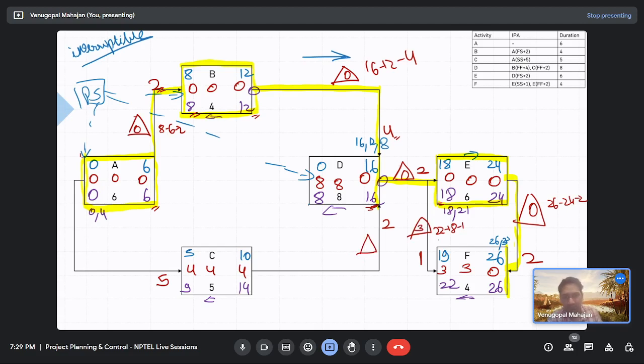This relationship would be 16 minus 14 minus 2, 0. Right? And this, sorry, 9: 9 minus 5 minus 0, 4. So have we calculated relationship floats also?